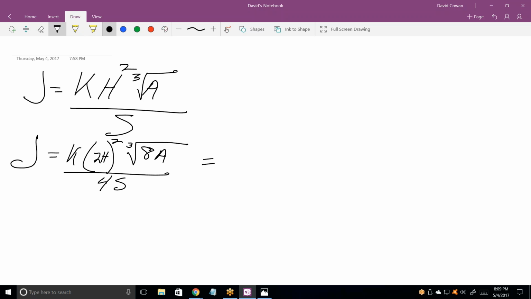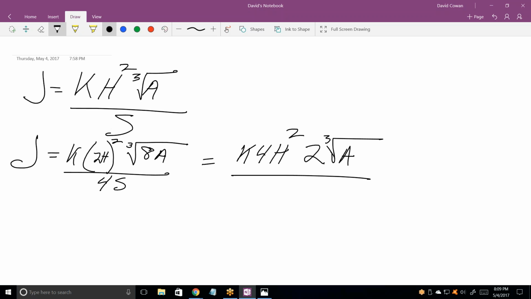Well, this becomes k times 4h squared. You with me? Yes, I am. Cube root of 8 is 2. So I'm going to remove that 2 and have cube root of a. Like that. And then 4s.